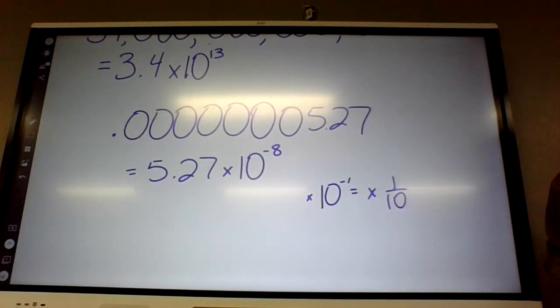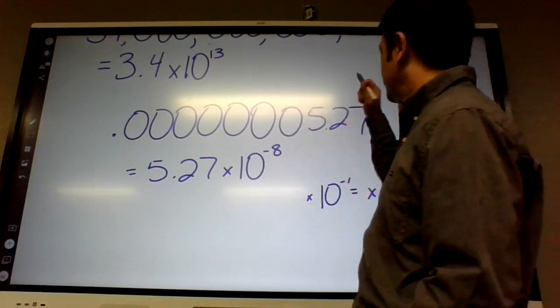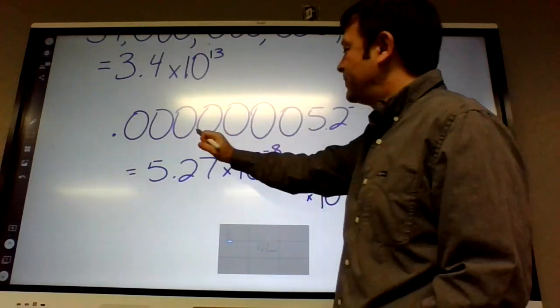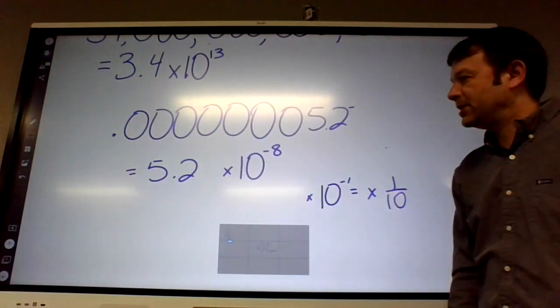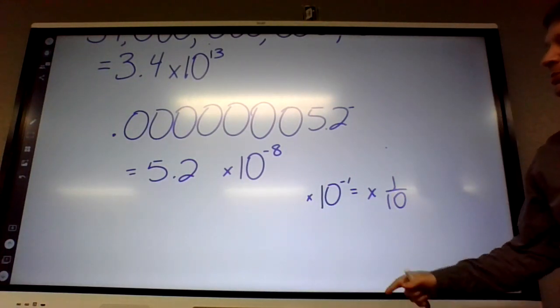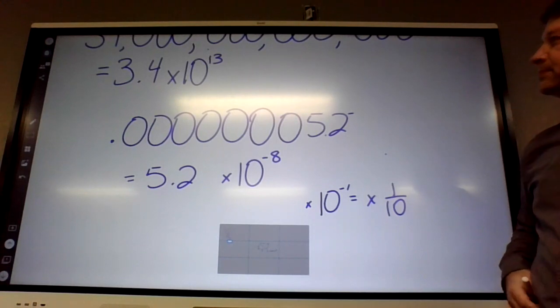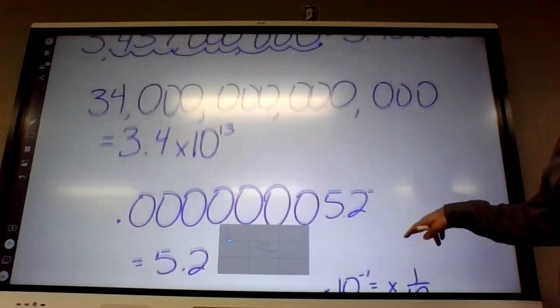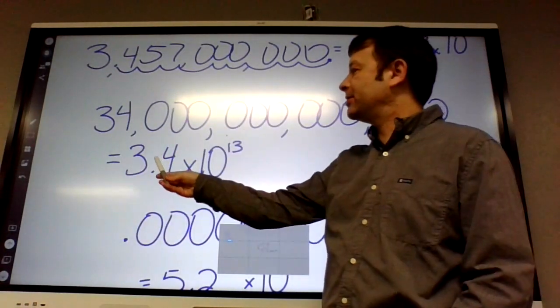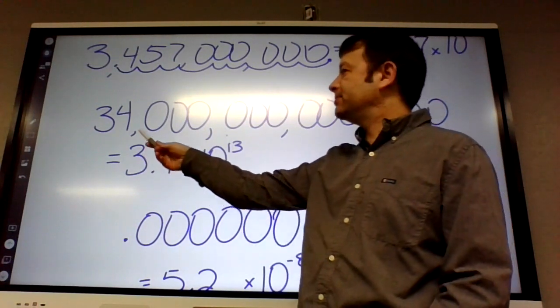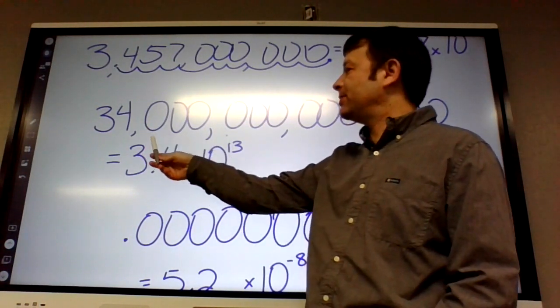What if there wasn't a 7? Oh yeah, that doesn't matter. It would just be 5.2 times 10 to the negative 8. So notice I wrote every digit after that wasn't a 0.